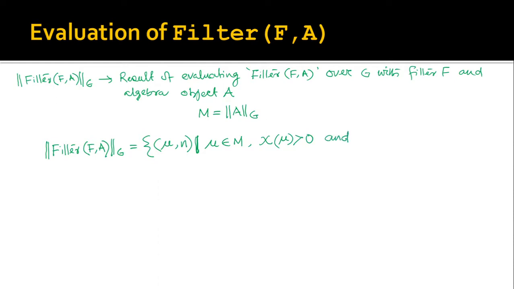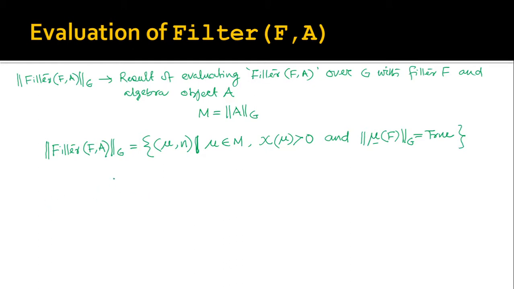And you want this filter condition to be satisfied in this solution. So we represent that like this: you evaluate this filter condition over this mu, and given this graph, it becomes true. In that case, you will be putting this mu in the solution set for this filter.